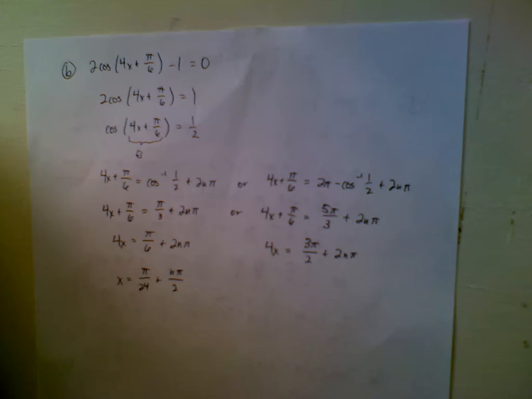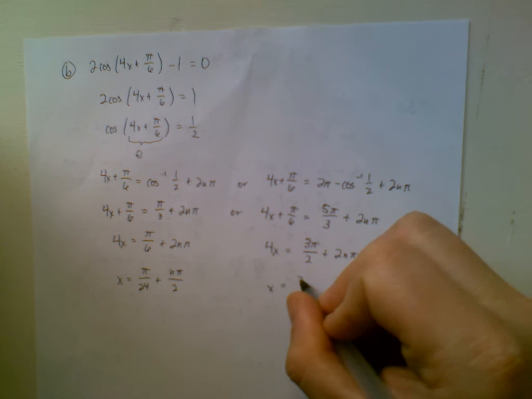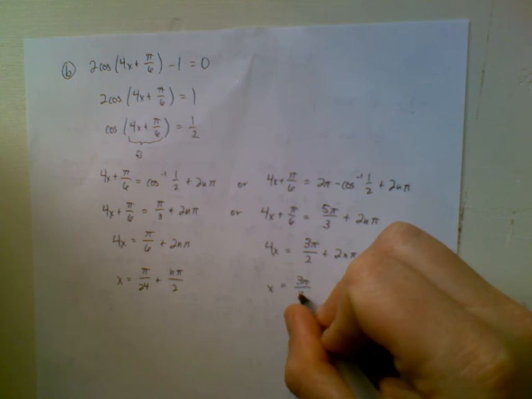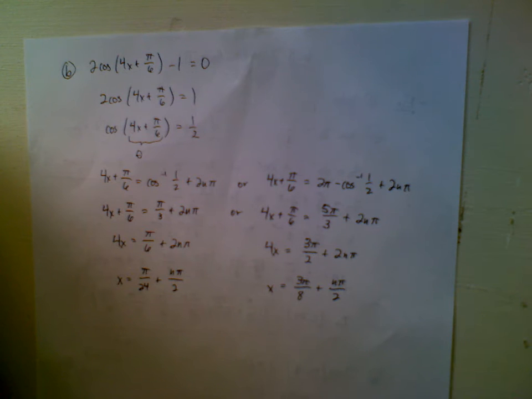If you didn't catch all that, pause the video, rewind it, listen to me go through that again. Of course, you could also use your calculator and do 5π/3 minus π/6. You should get 3π/2. Okay, then we divide through by 4 again. We're going to get x = 3π/8 + nπ/2.